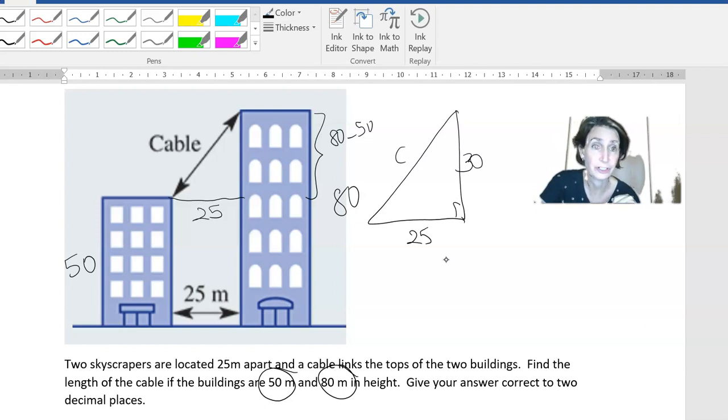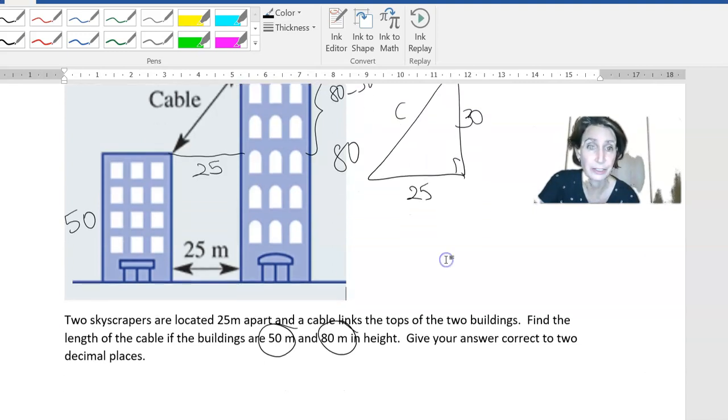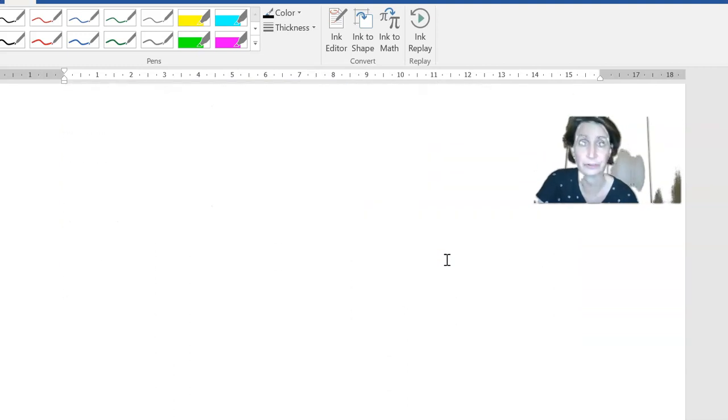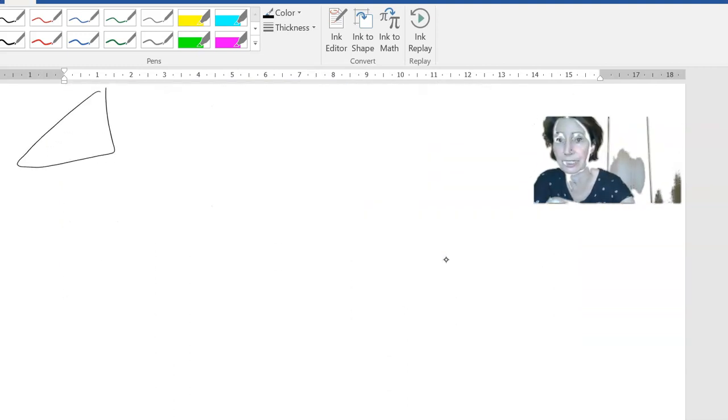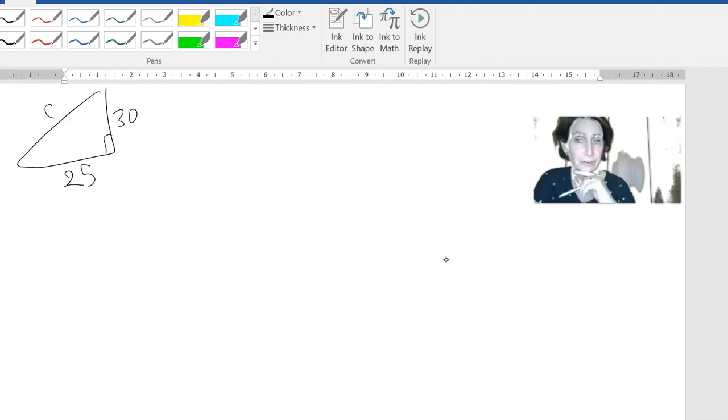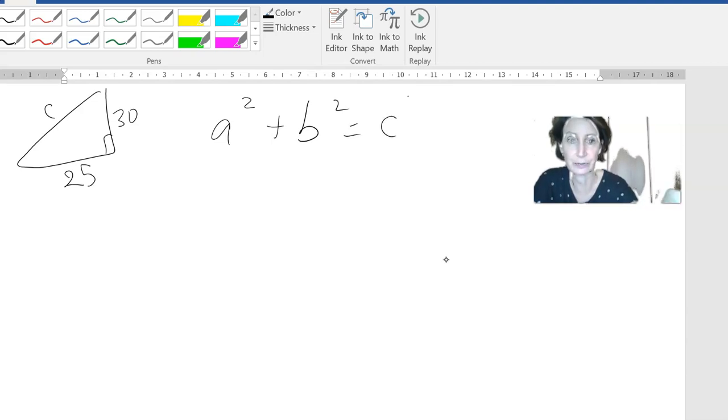We now have a triangle with 3 sides, one of them unknown, and we can simply use Pythagoras' theorem to solve that triangle. So I'll just redraw it down here. We've got 25, 30, and C. It's a little bit out of proportion, but we'll work with it. Okay, so we've got A squared plus B squared equals C squared.